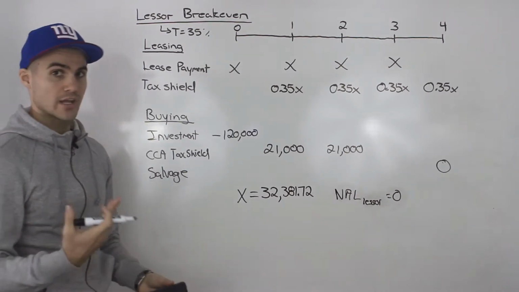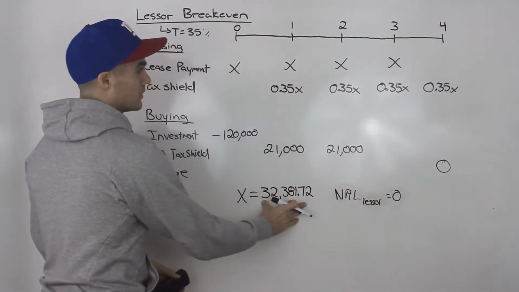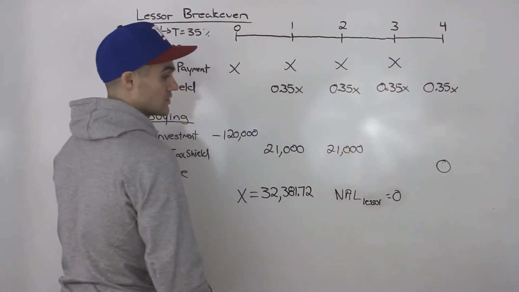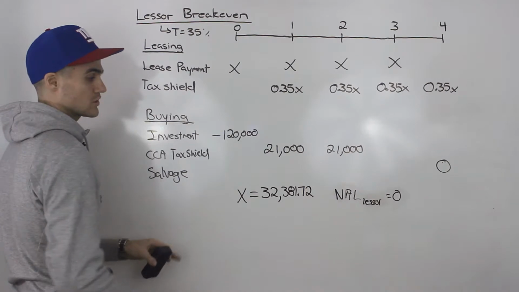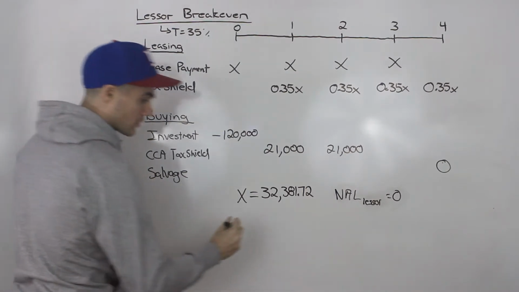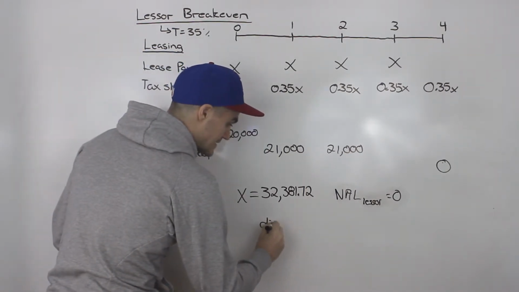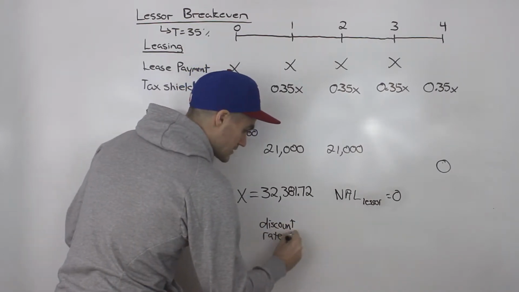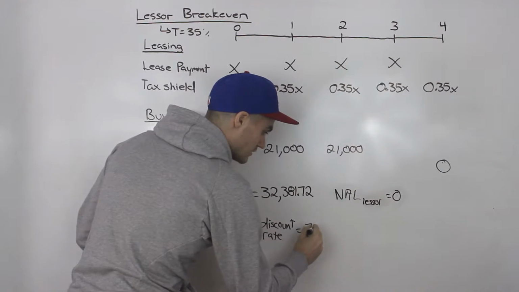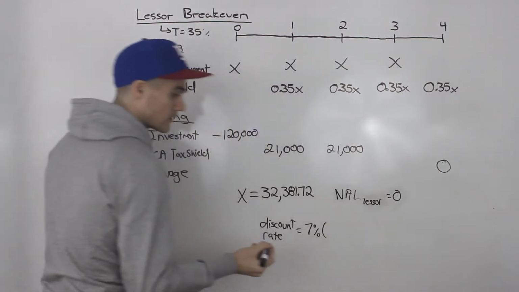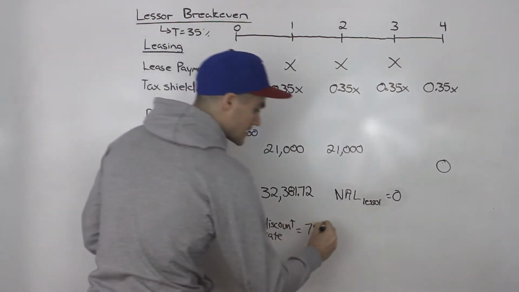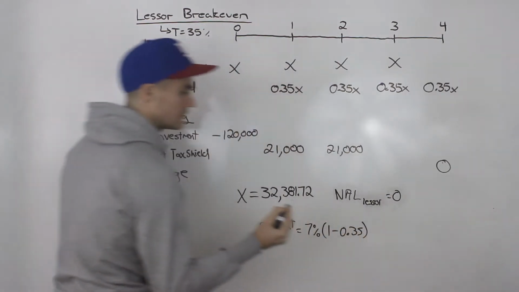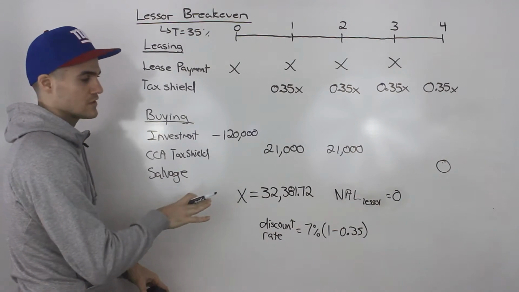Now, if you wanted to check it manually, so if you inputted this for all of the X's here and then got their respective tax shields and then did the NPV calculation, another thing you got to remember is that discount rate. It's going to be 7%, which is given, but that's the before-tax discount rate, and then you have to take 1 minus the tax rate for the lessor when you do that NPV calculation.